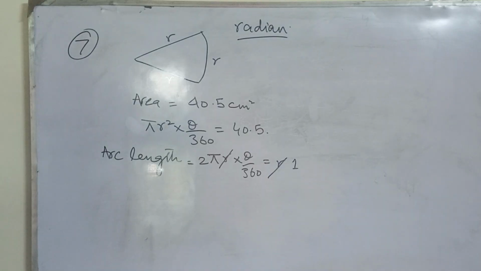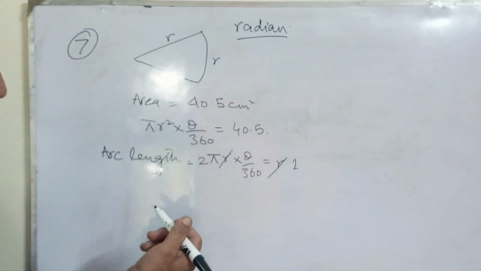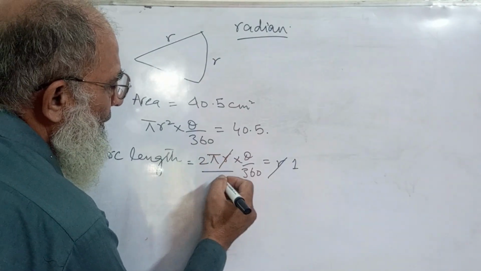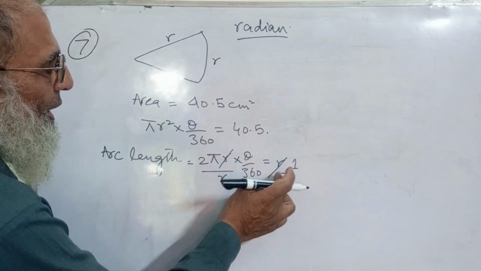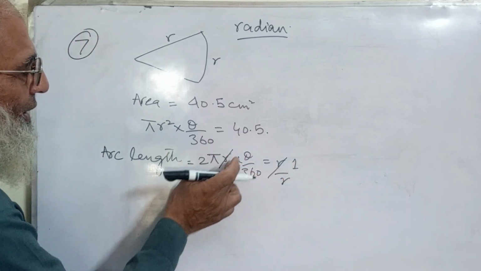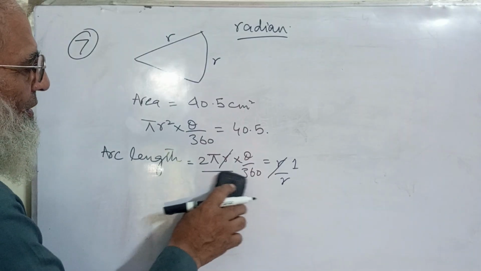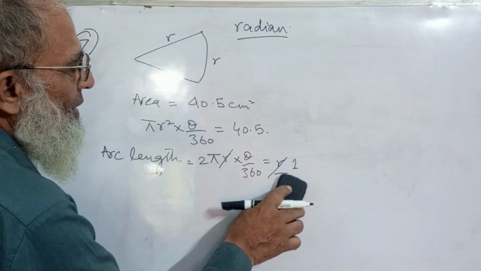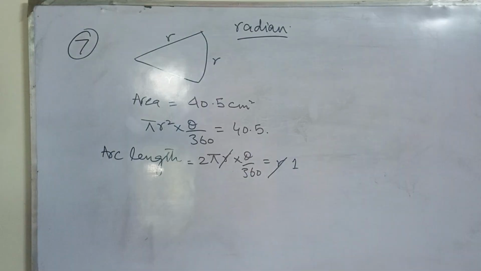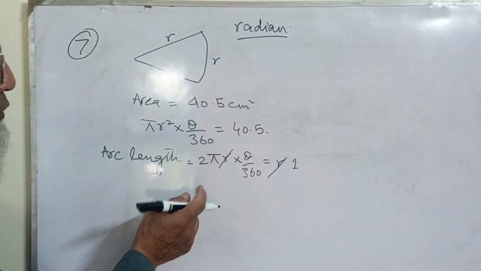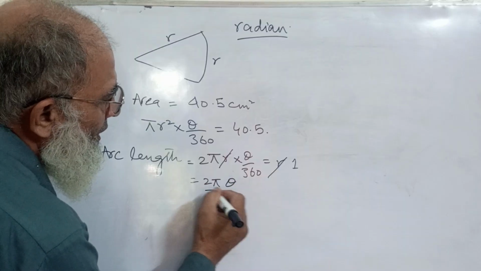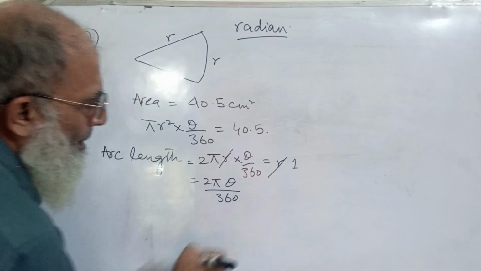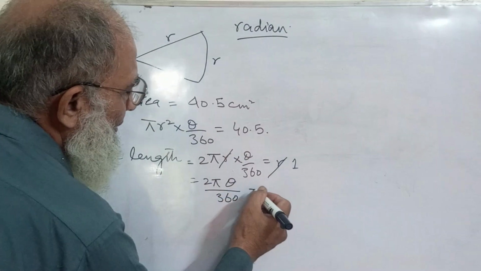For example, if you don't understand, divide both sides by r. So r divided by r is 1, and here you can just simplify it. So we are left with 2 pi theta divided by 360, and that is equal to 1.